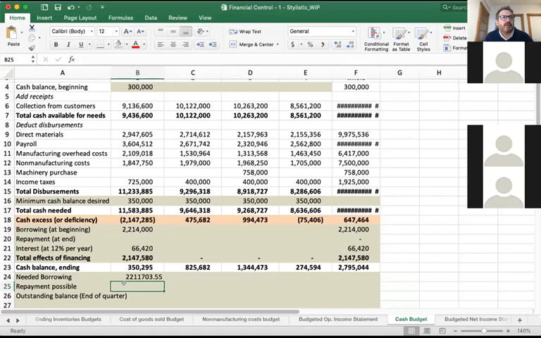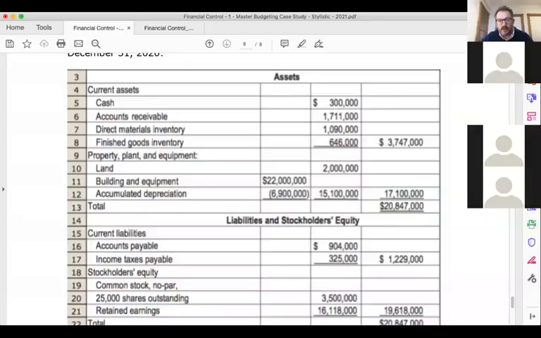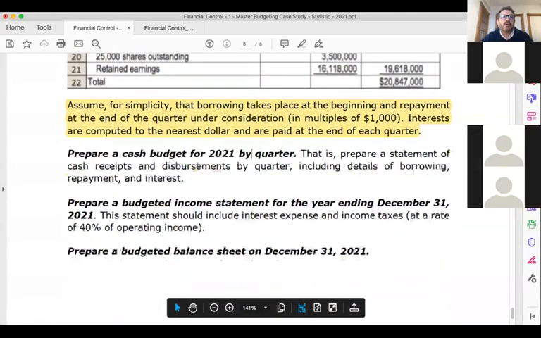We have interest in the first quarter because we pay interest at the end of the quarter, every quarter. This is what is said in the case. So it's not like the previous example when we had quarters for which we didn't have any payment.